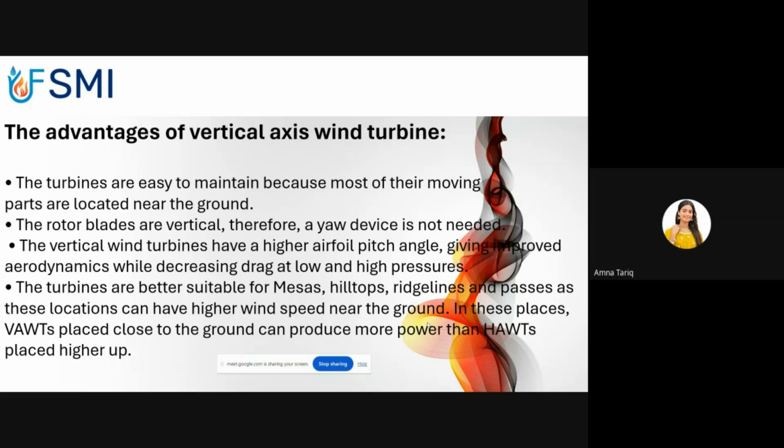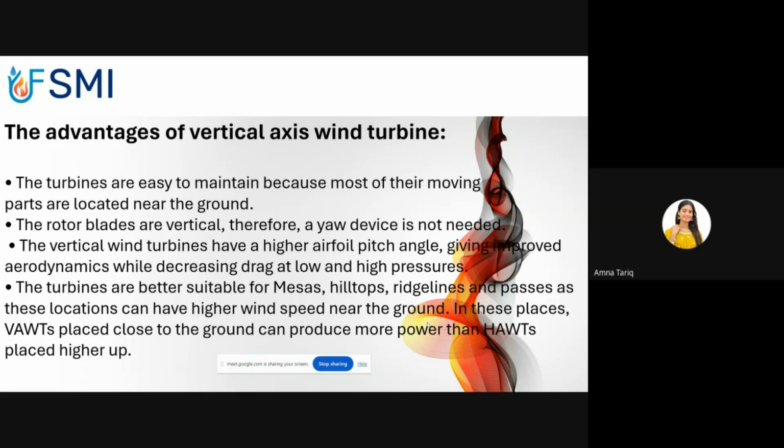Okay, the vertical wind turbine has a higher airfoil pitch angle, giving improved aerodynamics while decreasing drag at low and high pressure. The turbines are better suited for mountains, hilltops, and passes, as these locations can have higher wind speed near the ground. In these places, the vertical axis wind turbine is placed close to the ground.